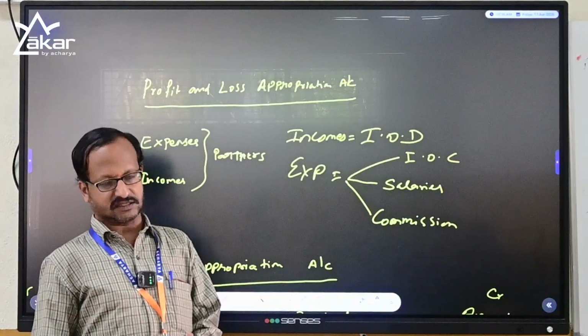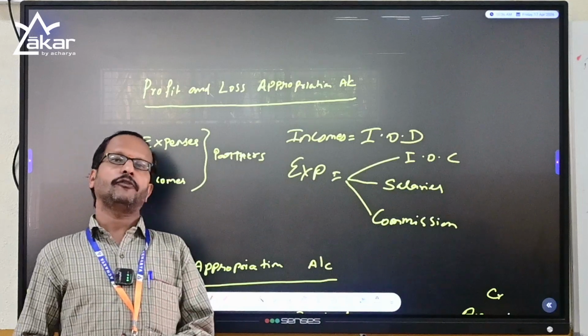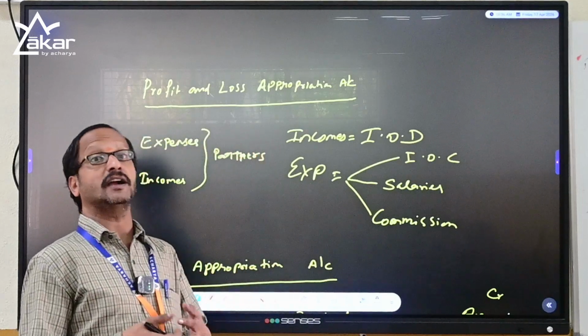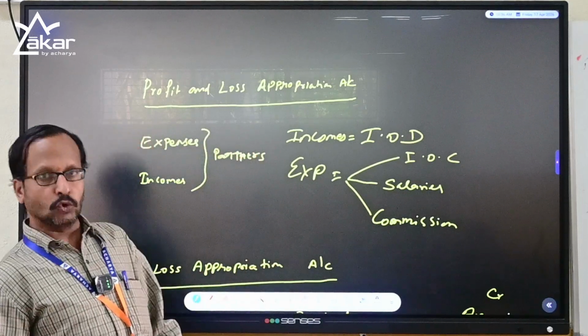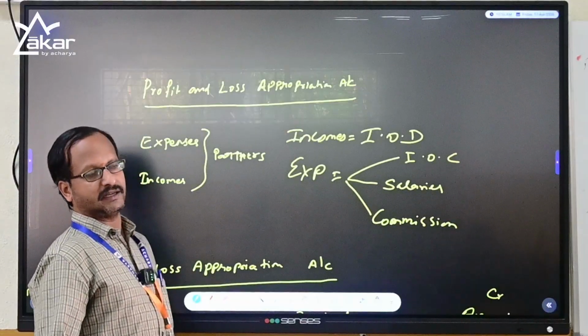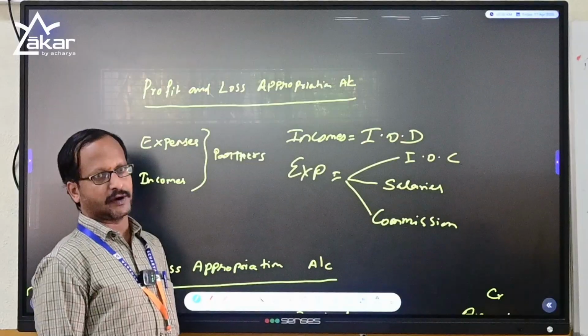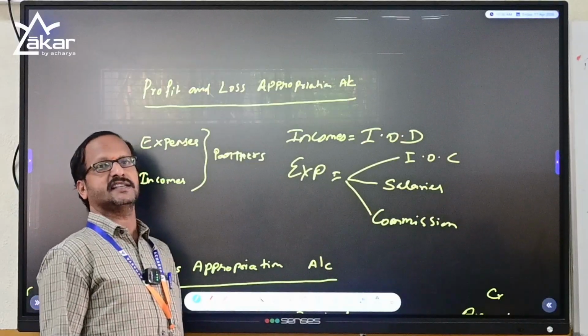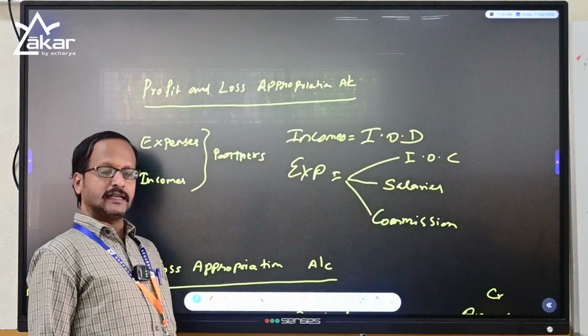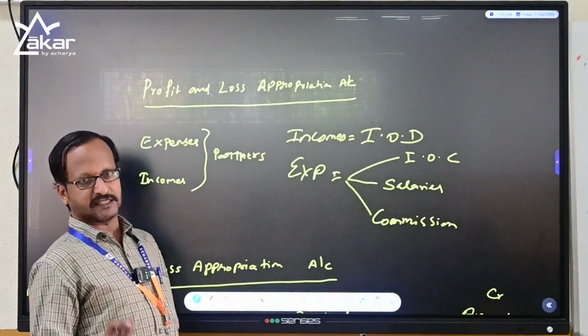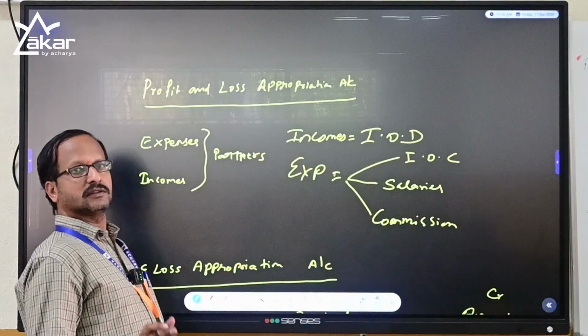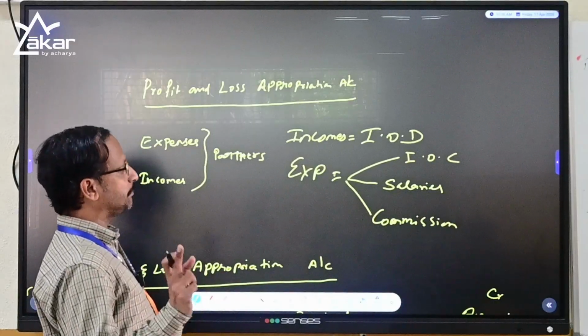Again, this act clearly says, as per the agreement, a firm has to pay interest on capital, which is specified under the deed. And as per the act, if the interest on capital is not specified, the default percentage is 6% per annum. I repeat again, if your agreement does not specify the interest on capital, the default percentage is 6% per annum.